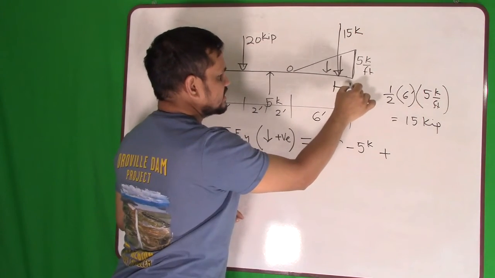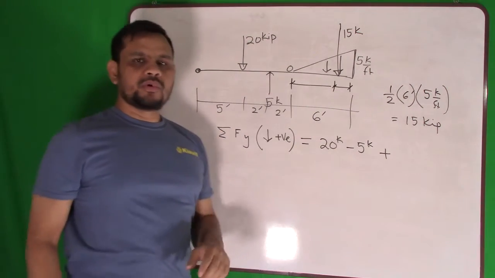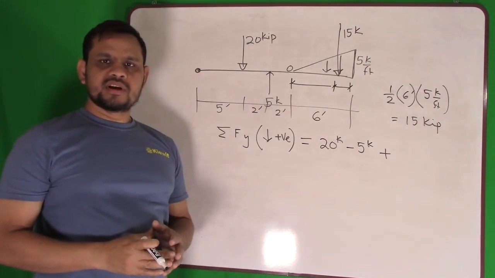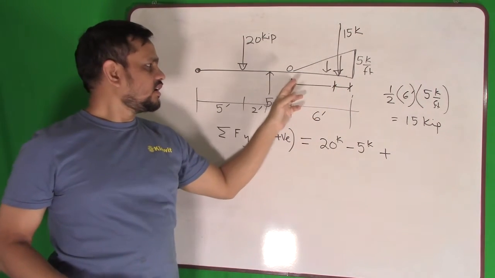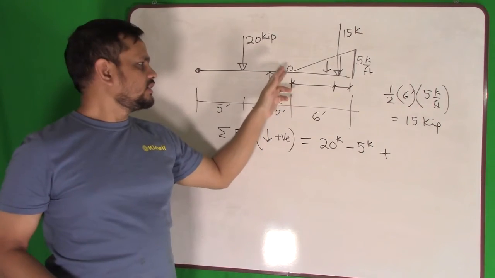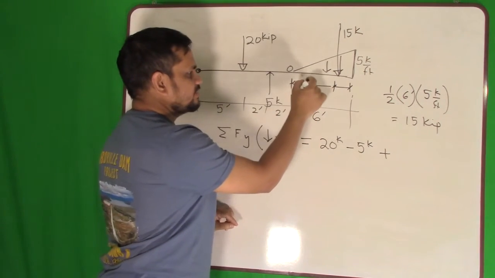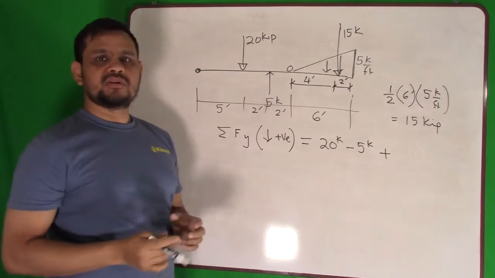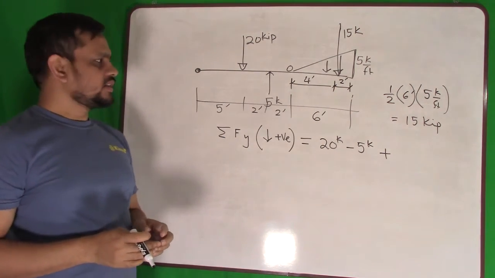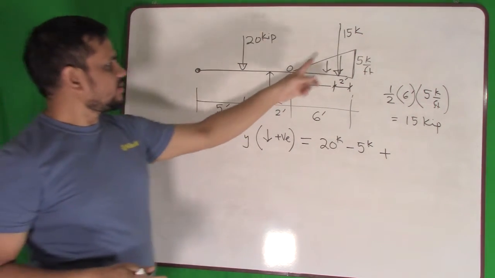And what is the distance? For a triangle, the centroid is located 1/3 from the thicker side and 2/3 from the thinner side. So it is 2/3 of 6. That means this will be 4 feet and this will be 2 feet. We know that for a triangle, the centroid is 1/3, 2/3. Then what is the value of this force?